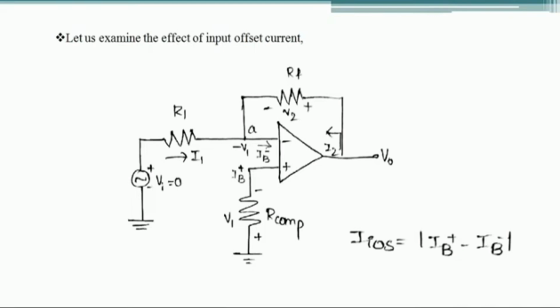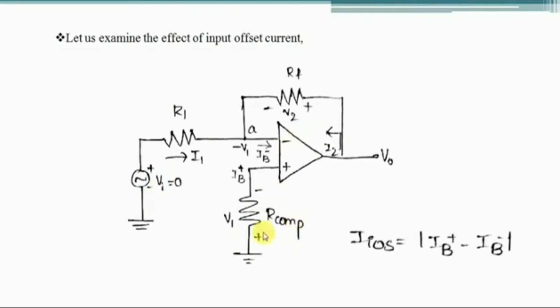Okay, now simply examine the current flowing through these input terminals with the addition of the compensation resistor. We know that this circuit is nothing but the input bias current compensation circuit, and here the input signal is applied at the inverting terminal of the op amp.